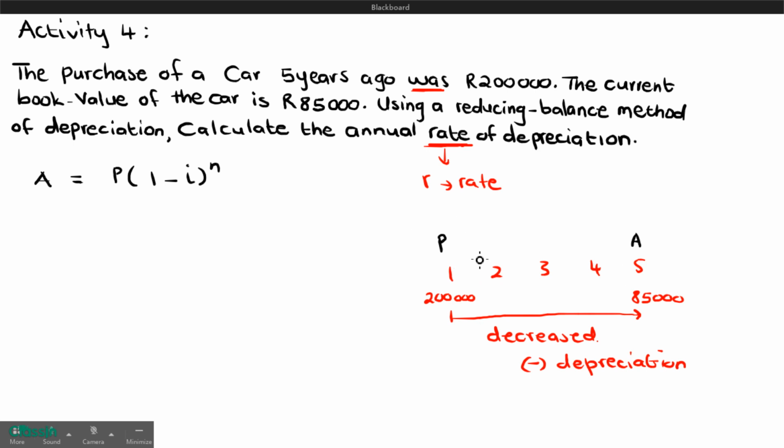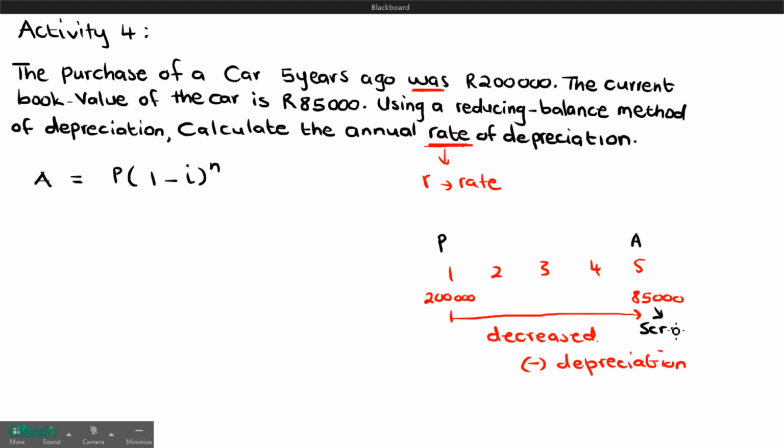Okay? So initially, it was this principal amount. After some time it is an accumulated amount. But because it decreases, we will not call it accumulated. We will call it scrap value.